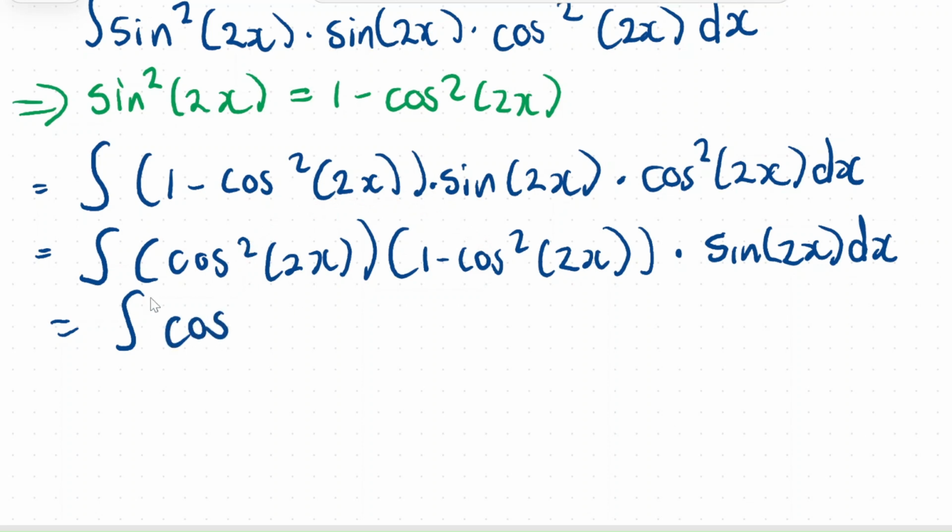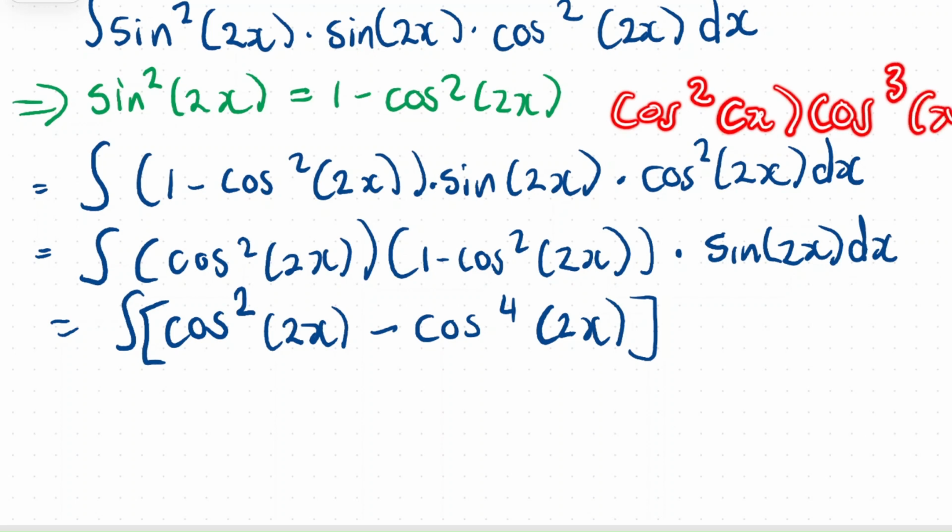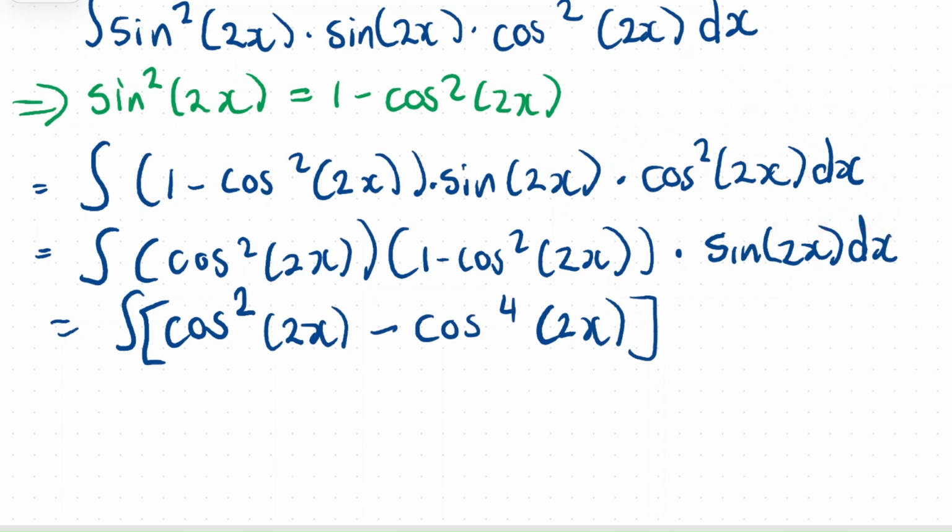So that would give us cos squared 2x minus cos to the power 4 of 2x, because whenever we have exponents like cos squared of x multiplied by cos cubed of x, we're going to get cos to the power 5 of x, right? So we just add the exponents, multiplied by sine 2x dx.